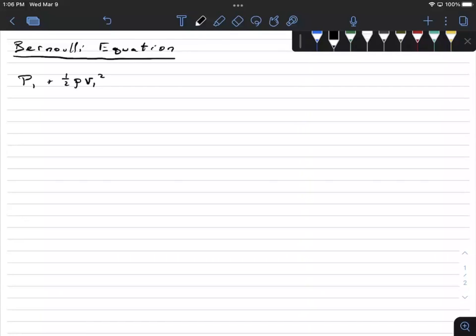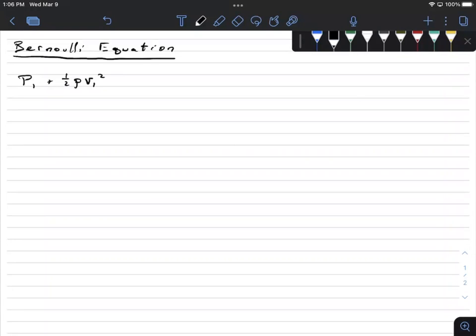That's the variable which tells you what fluid we are talking about. Do we have oil flowing through these pipes? Do we have water? Is this air, like an air conditioning system? What is the material? What is the fluid which is flowing? Rho, the density, is what tells us what we're talking about.